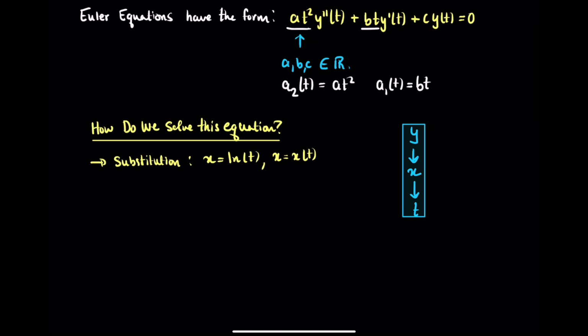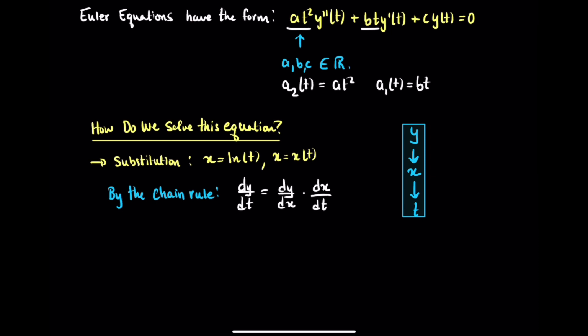So as a result, by the chain rule, we can say that dy dt is equal to dy over dx, multiplied by dx over dt.